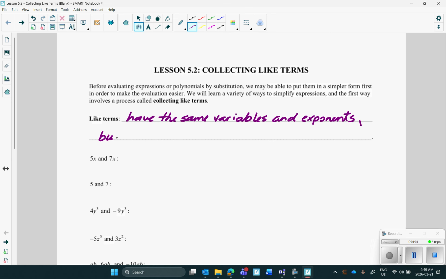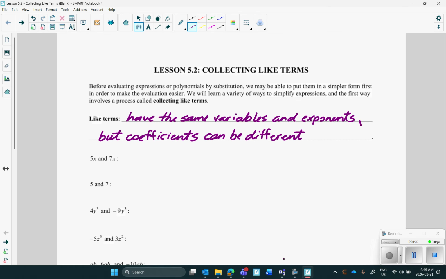But the coefficients, if you remember what that word means, can be different. You remember what a coefficient is. If I said 7a, what's the coefficient? 7. If I said negative 5k, what's the coefficient? Right? Negative 5. Okay.